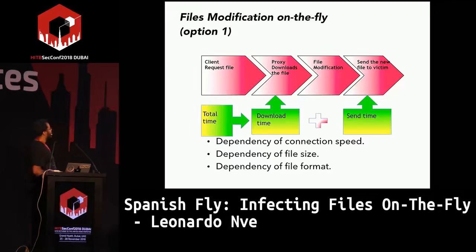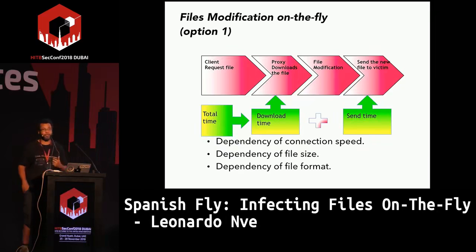This is what I explain. The client requests the file, the proxy downloads the file, then there is a file modification if you infect it, and then it is sent to the victim. You can calculate more or less the total time, and it depends on the connection speed.